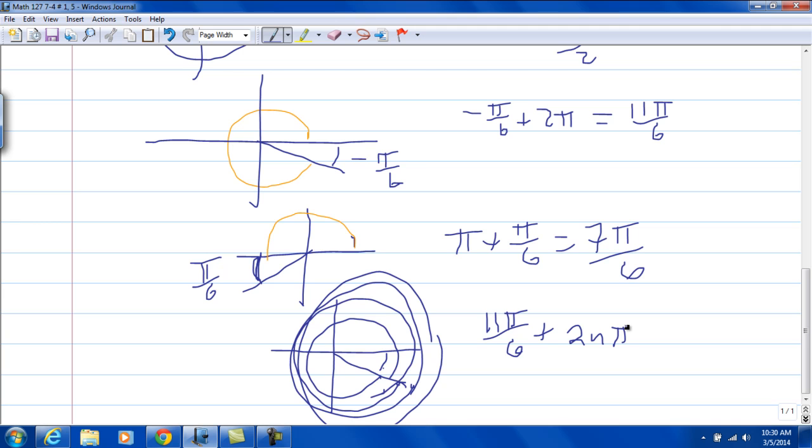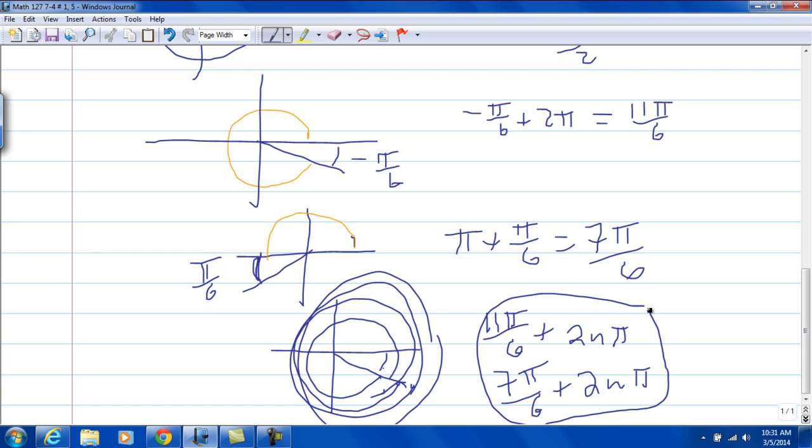The point is, n or k are integers, and you can say it's 2 pi, then plus 4 pi, or plus 6 pi, or plus 8 pi, and it can be negative 2 pi, or negative 4 pi, and so on. This will generate all the possible values. Likewise, 7 pi over 6 plus 2n pi. So this has an infinite number of solutions.